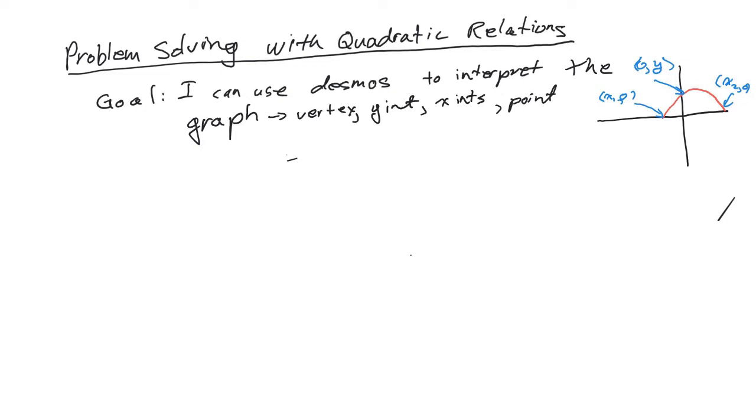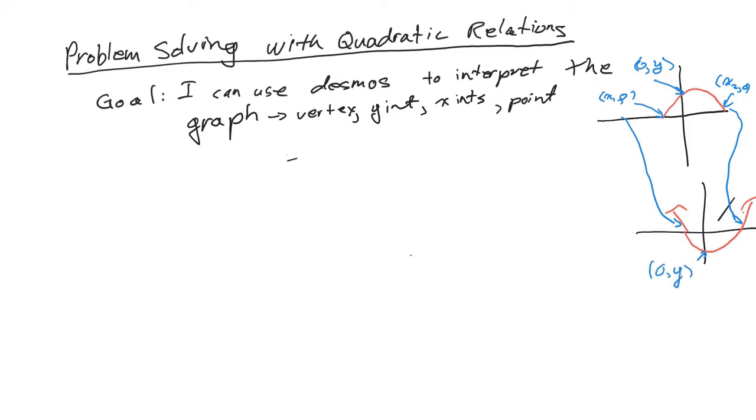Now, our graphs will look something like this a lot of the time. Sometimes the graphs open down, but when they do, all that means is we just have a graph that looks like this. It goes on forever, where we have our x-intercepts here and here, and our y-intercept, (0, y), somewhere down here.